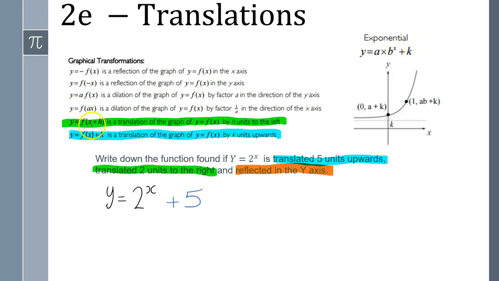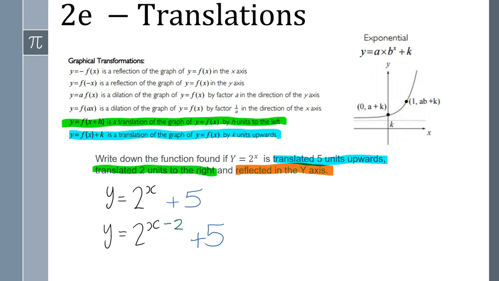Okay, but if you look here, it's in brackets. h is right next to the x. And here's our x here, so h is going to go up there with it. So it's going to be y equals 2 to the power of x. We're going 2 units to the right. This is going to the left, so we're going to go x minus 2 plus 5. Okay, so you can see here from the brackets, the h goes with the x very closely, so it goes up in the power.